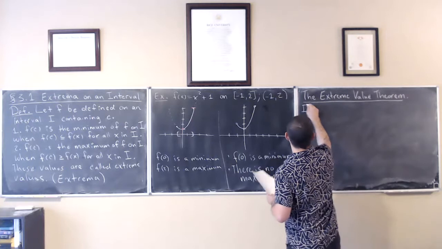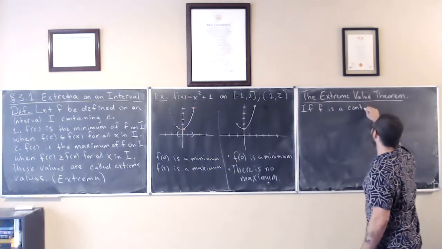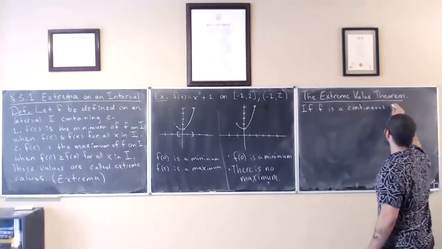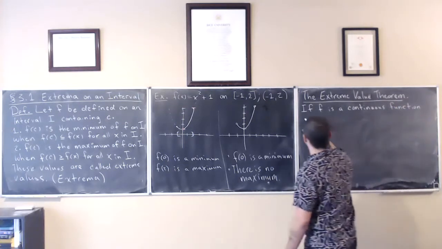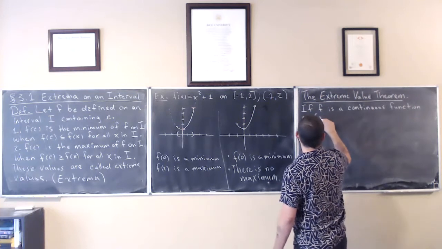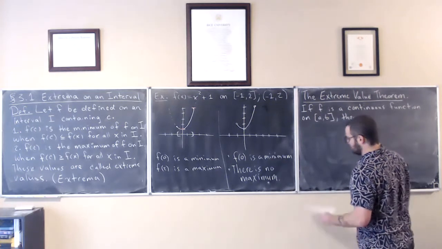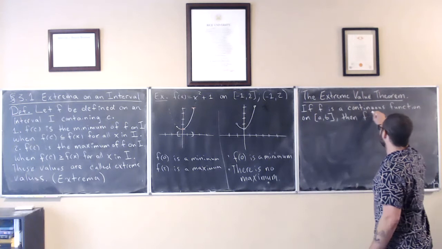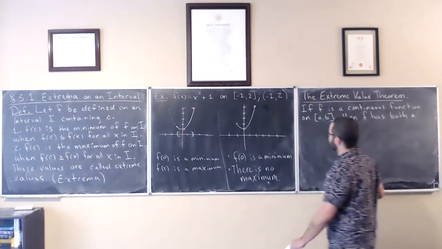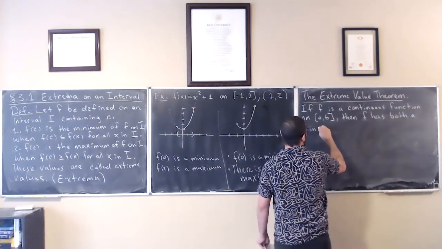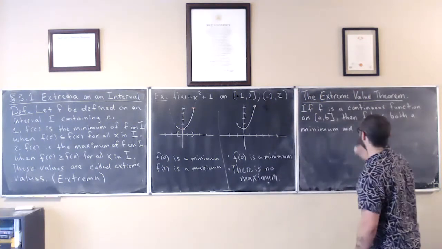So if f is a continuous function on the closed interval [a, b], then f has both a minimum and a maximum on that interval.